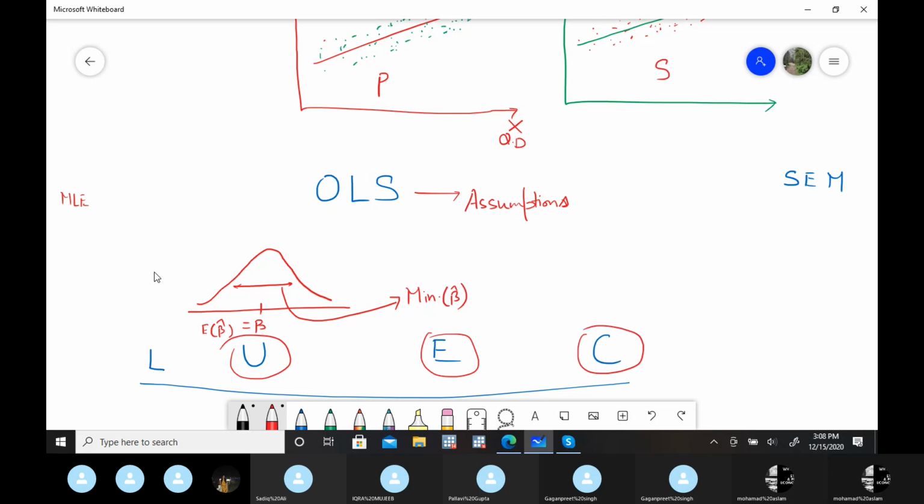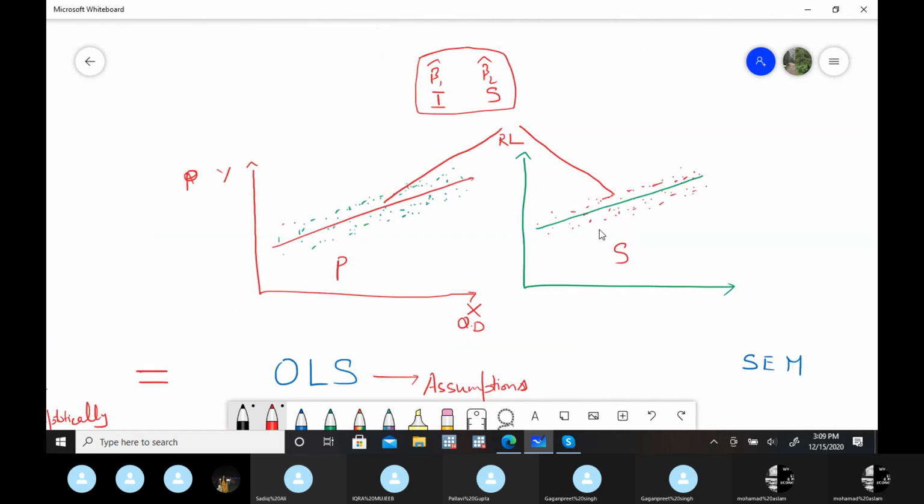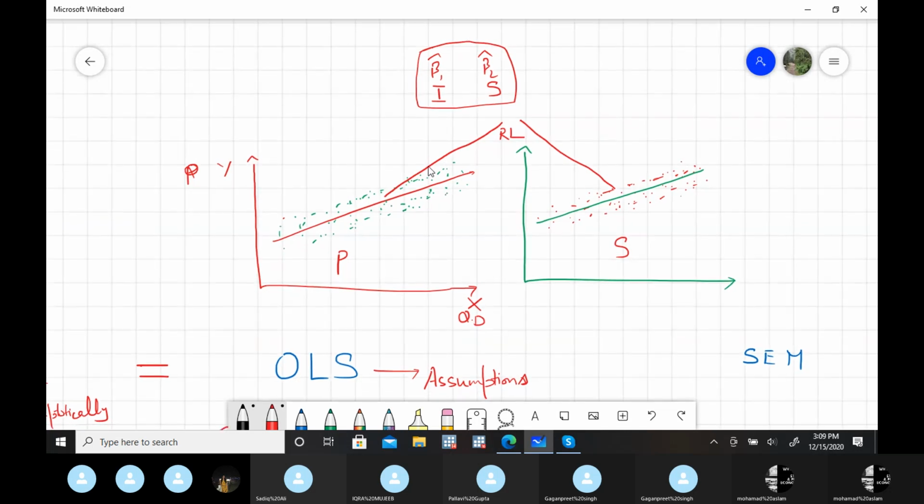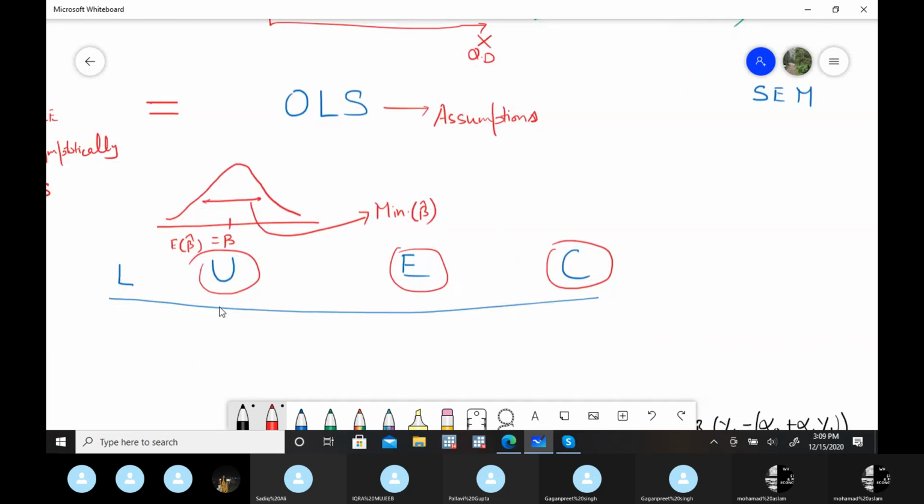In MLE, all these properties are there, but they hold asymptotically. It means if our sample size increases, if it's a large sample size, MLE results are more or less equivalent to OLS results. So again, we have this objective that sample results need to be equivalent to population results, and that's what these properties are all about.